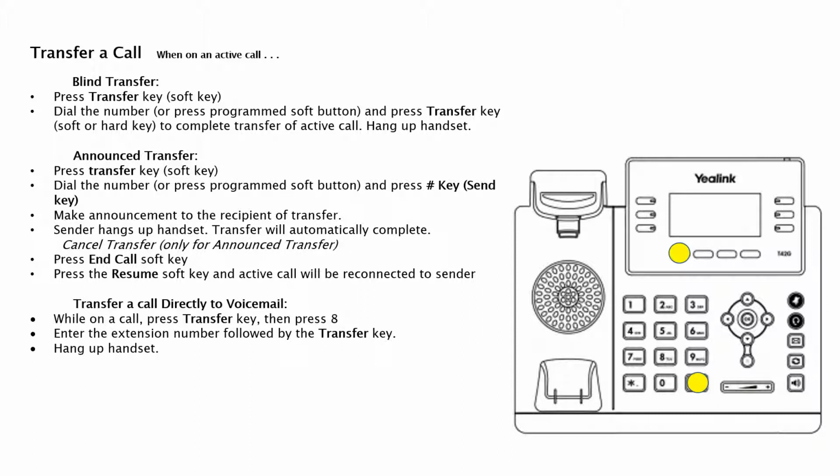If they don't want to take the call and you want to transfer that person to the voicemail, you would simply hit the end call soft key, and then you can resume your original call and send them into voicemail by going transfer, 8, extension number, transfer.